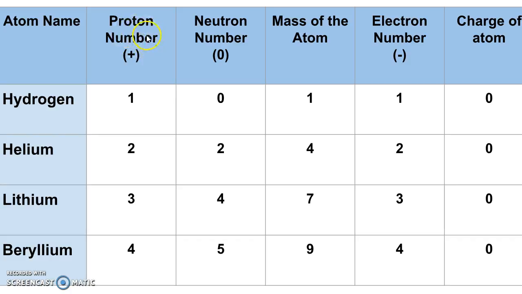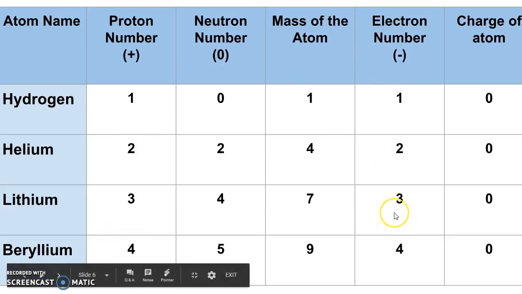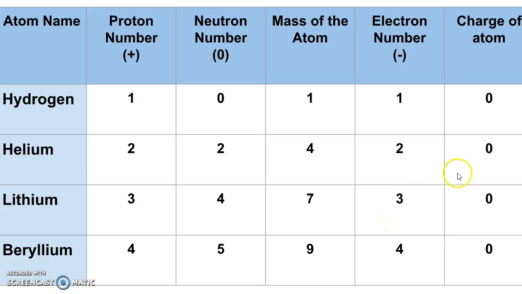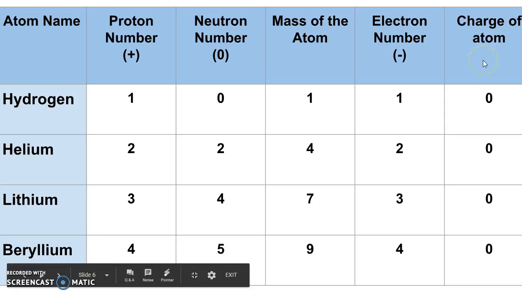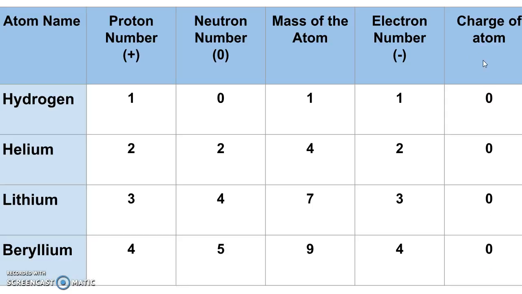The number of protons is going to equal the number of electrons. So that means you have the same number of positives as you do negatives. The charge of the atoms is going to be 0 because you have the same number of positives as you do negatives. That is the information that we are adding on, that we are learning today.